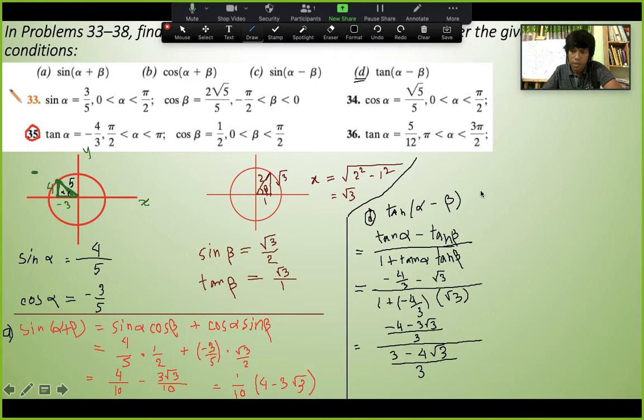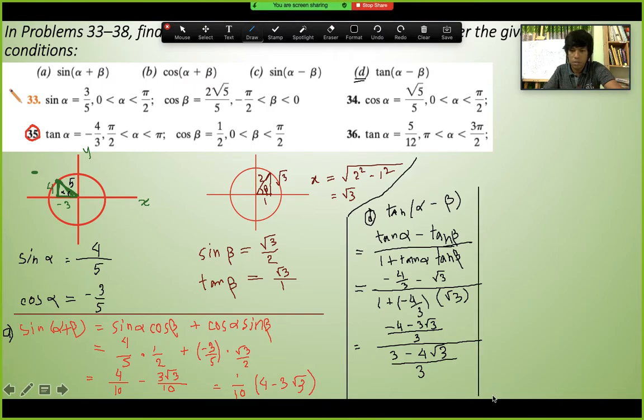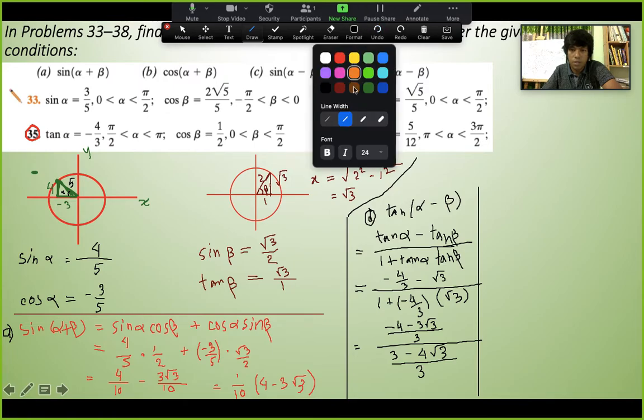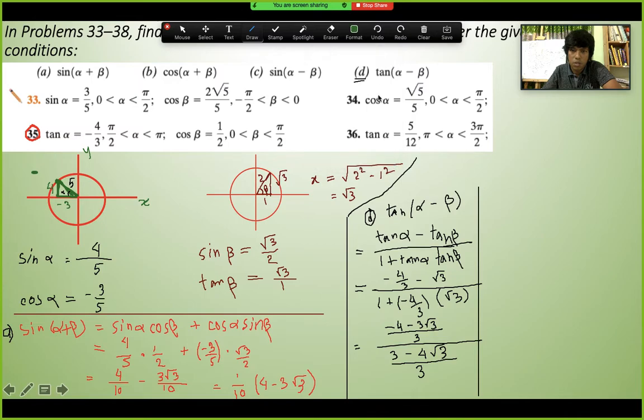Let's take some line here. Let's take some other color so that it is slightly different. Now the next line is, you see, this whole thing is a denominator, and this is the numerator, but here this term we can write minus 4 minus 3 root 3 divided by 3, in the next line this 3 will go up and 3 minus 4 root 3.